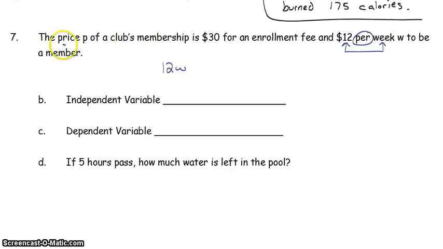The price is, P equals, price is $30, and means I'm going to add 12 times W. Since I have this set up as P equals, P, or the price, is my dependent variable, W, or the number of weeks, is my independent variable.